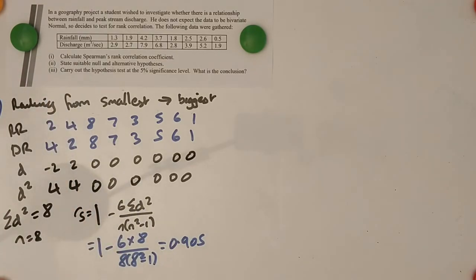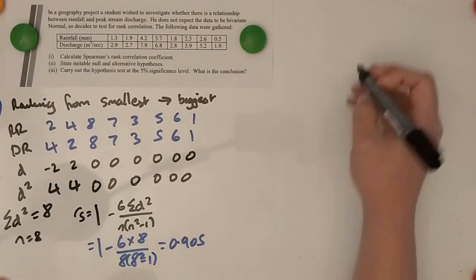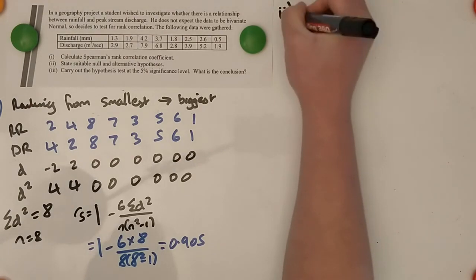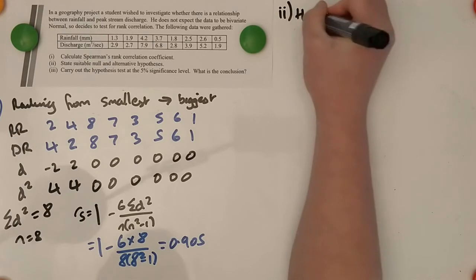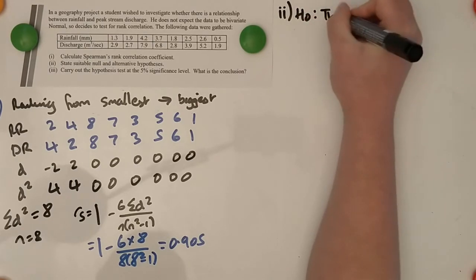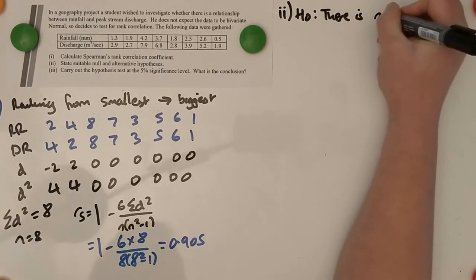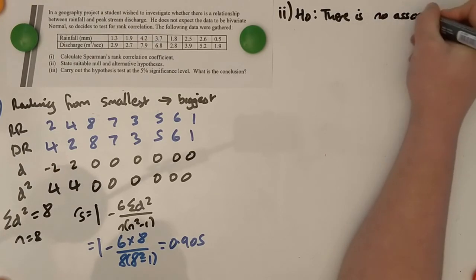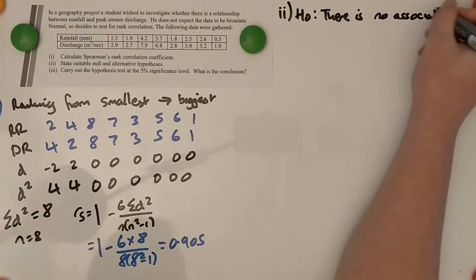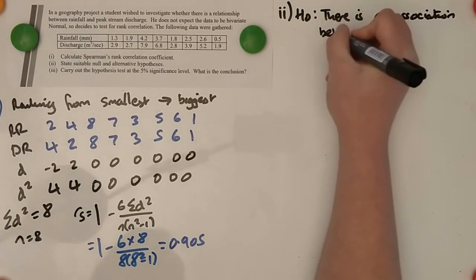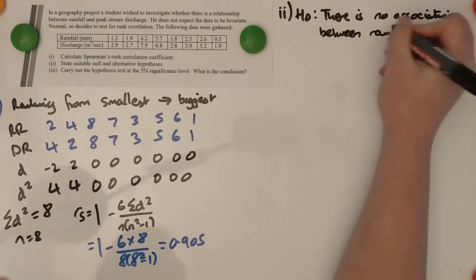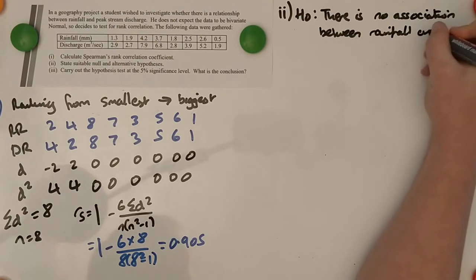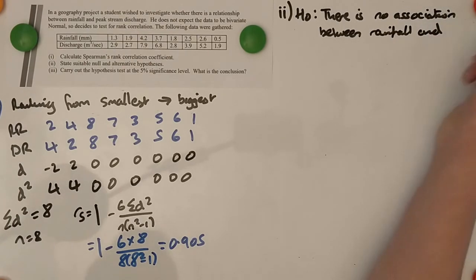Okay. Now for part 2 and 3 I'm going to go up here. So part 2, state suitable null and alternative hypotheses. So H0: there is no association between rainfall and stream discharge.